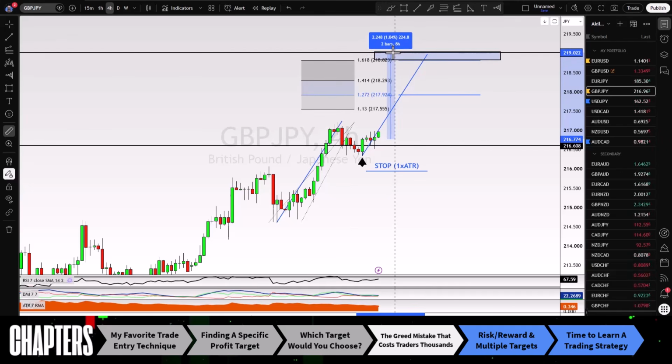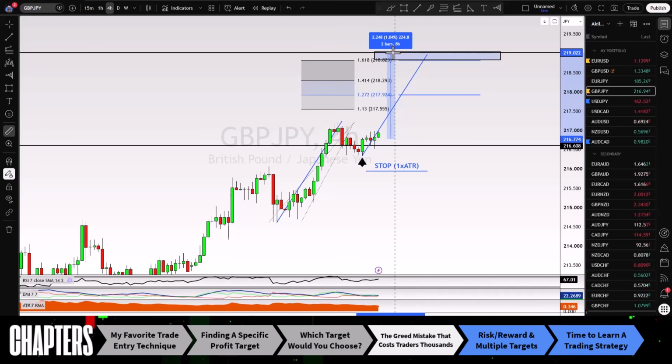When you're moving 200 pips, is it worth putting yourself at an area that is not a bad area, but just statistically has a lower chance of getting hit than an area before it, for 24 extra pips when you're making 200? Is it worth that risk?